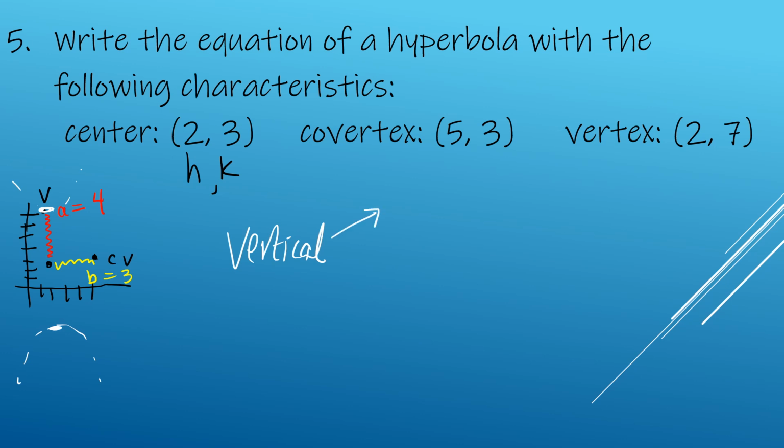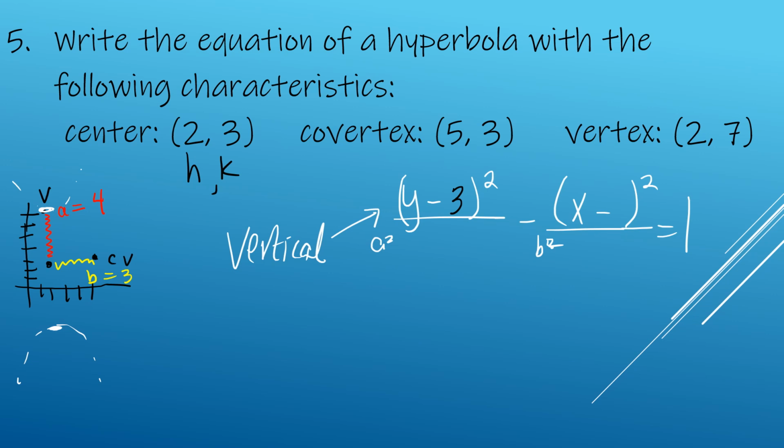So that tells me I need to start with y minus k quantity squared over a squared, minus x minus h quantity squared over b squared, which in this case will all equal 1. So I can substitute in my center of 2, 3, so it'll be y minus 3 quantity squared and x minus 2 quantity squared.